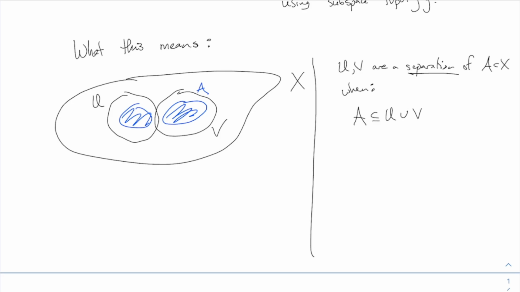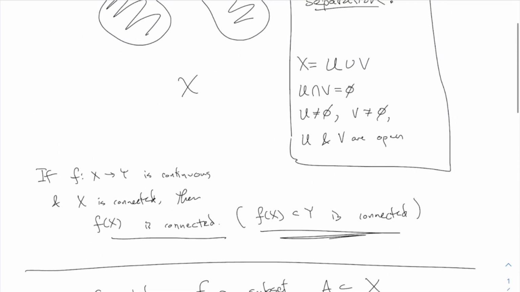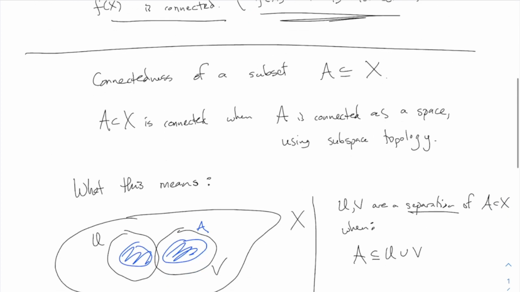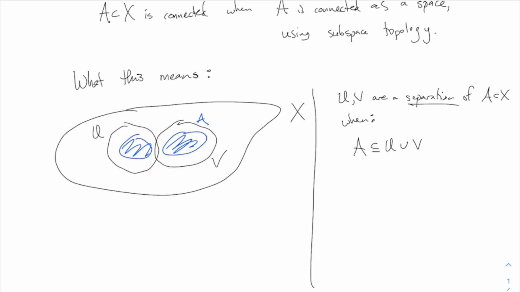When we were talking about separations of the entire space, U and V separate the space means that the entire space is the union. But here A may not actually be equal to U union V. What about the intersection? Traditionally, we say the intersection is empty because U and V just make up the whole thing and they can't overlap. Actually, in this setting, it's not necessary that the intersection be empty.